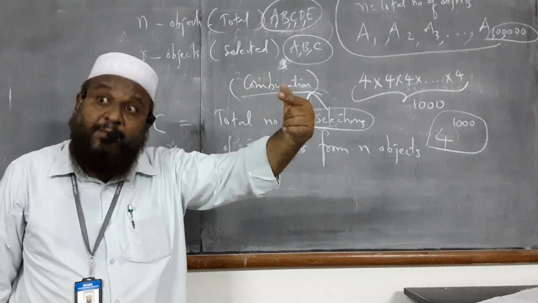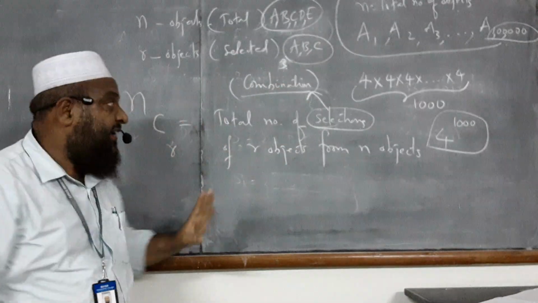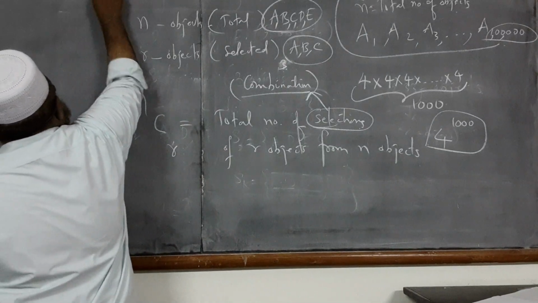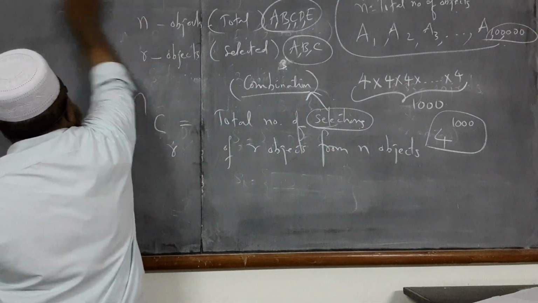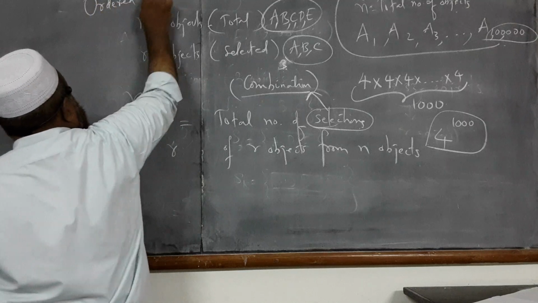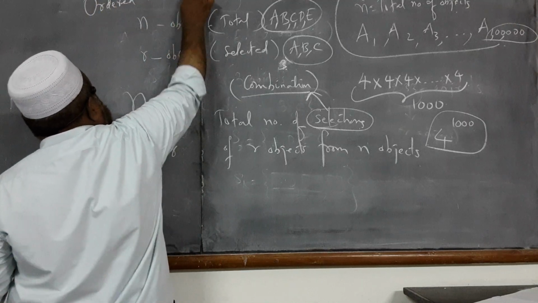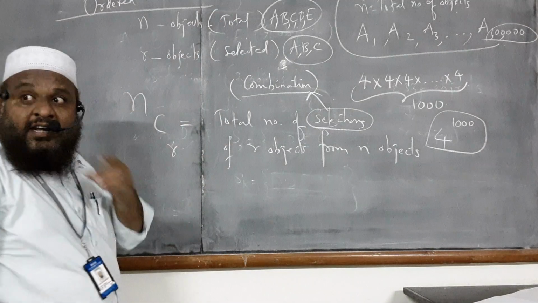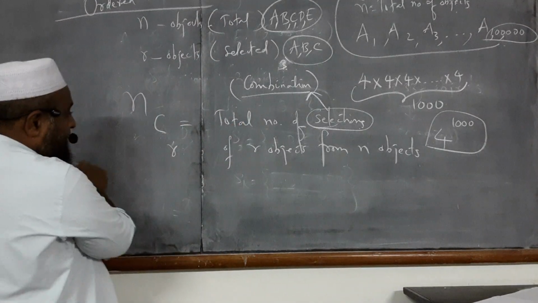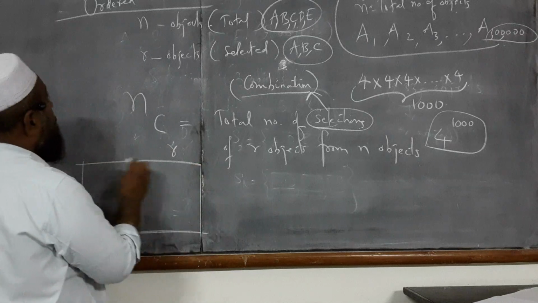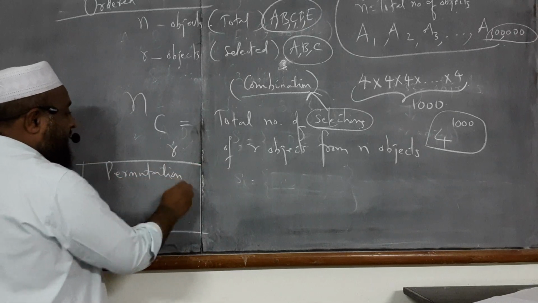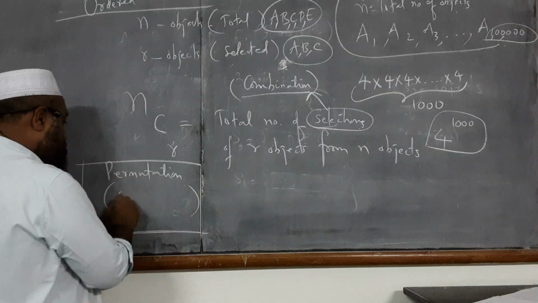There is one more called permutation, which is an ordered selection. I'll write it here. Permutation is an ordered selection.